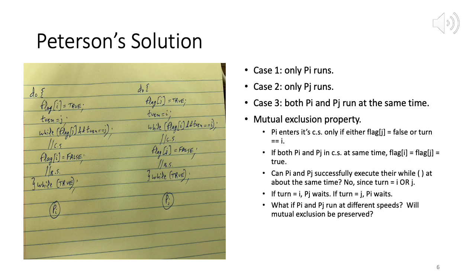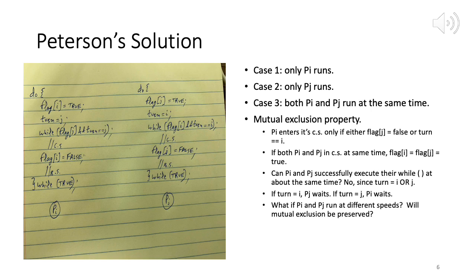So the crux of the code is for a particular process to declare its intention by setting its flag as true, and then assign the turn value to the other process, be nice, and then if the other process is in its critical section, wait till it gets out, and as soon as the other process gets out of its critical section, it will set its flag as false, and then the original process which was waiting in its while can enter its critical section, and then set flag equal to false.